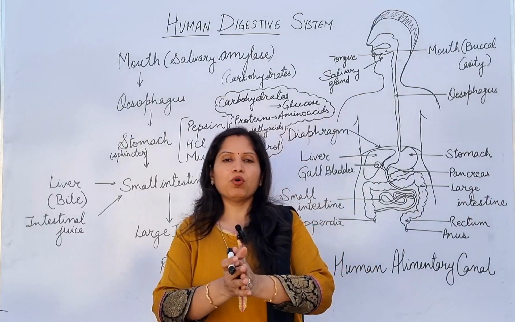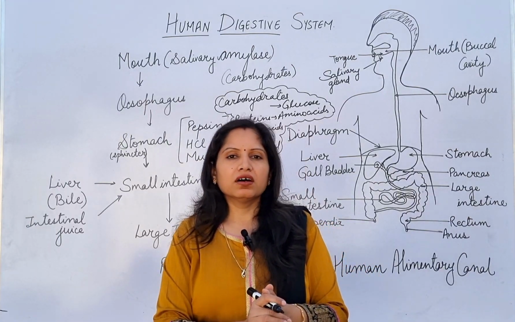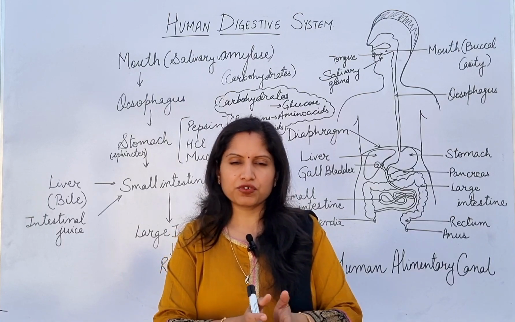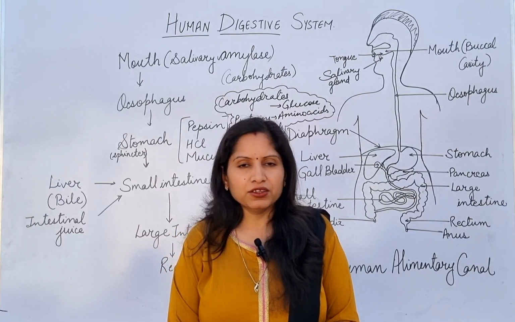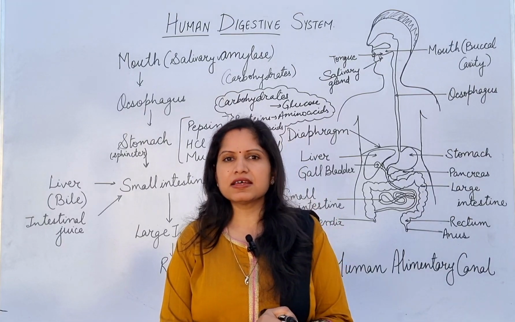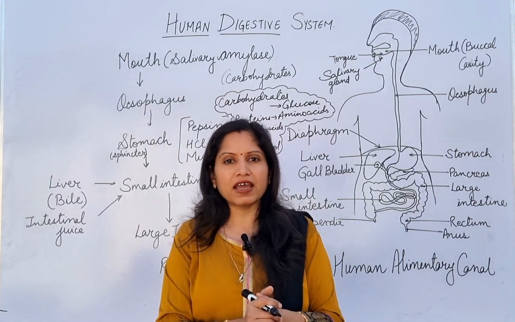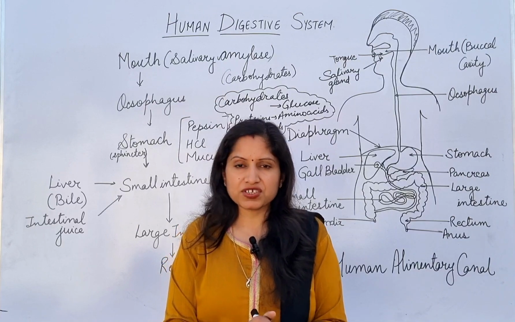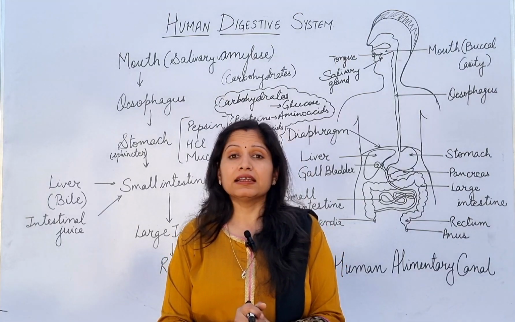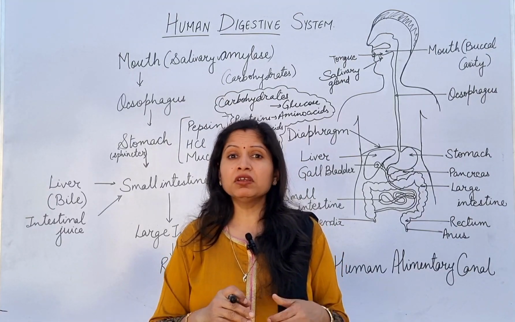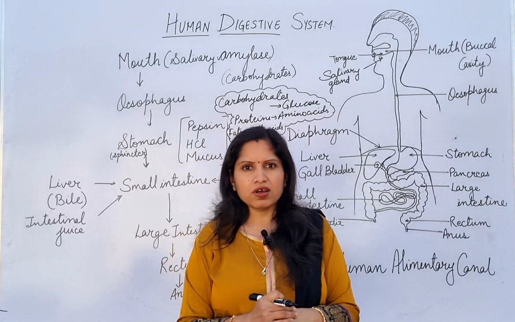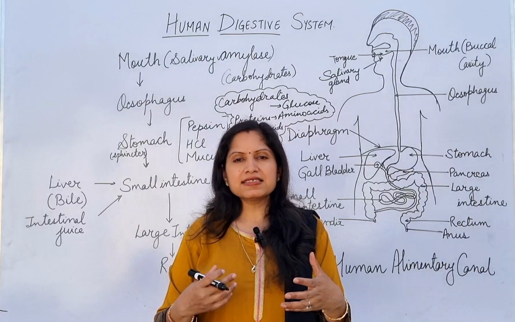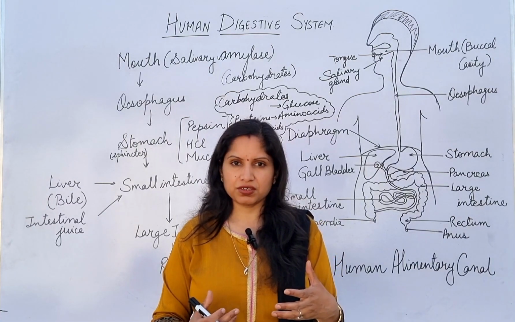One last thing that I want to add, that is given in the NCERT book. It's not extra from your book. That is the length of the small intestine. Sometimes you might be asked in which type of organisms the length of the small intestine is maximum. The length of the small intestine is maximum in herbivores and minimum in carnivores, because plant food takes a lot of time to be digested.